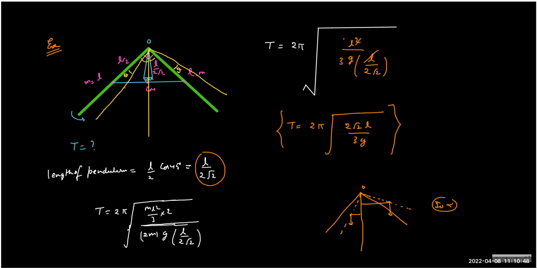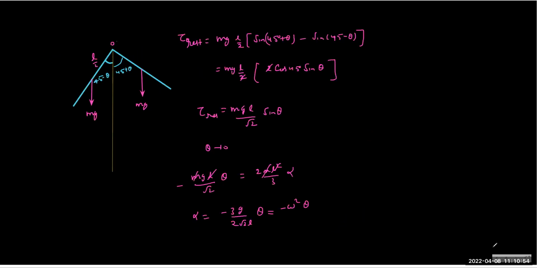Okay, good. So the rest is simple. But the formula is pretty fast. If you can understand the basics, you can get the answer quickly. But it is always good to know the scratch method or the torque method.